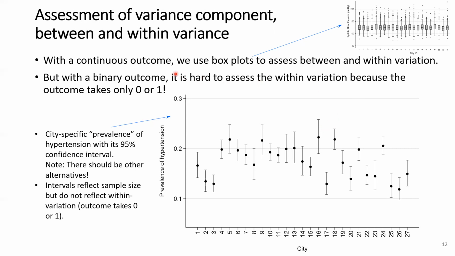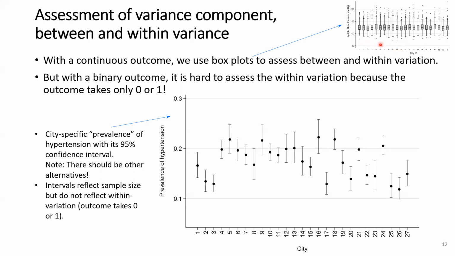When we have a continuous outcome, well, this is a very small graph, by the way, but we can use a box plot for each city. In the previous one, we plotted a box plot of systolic blood pressure for each city.